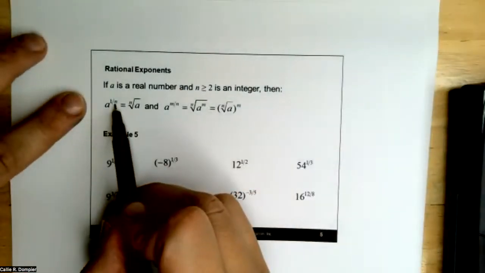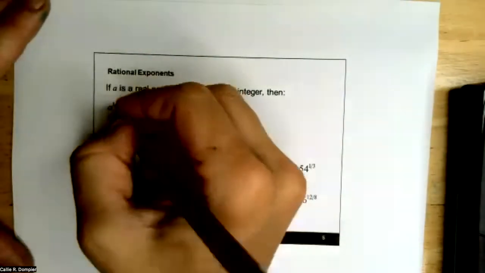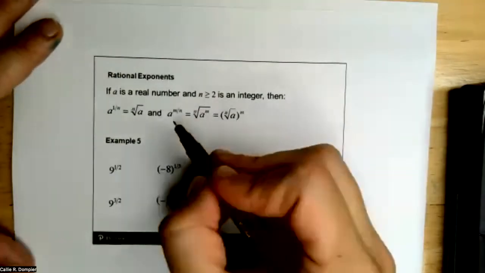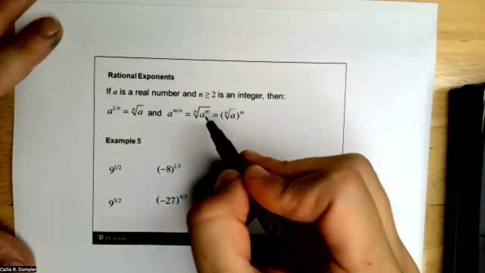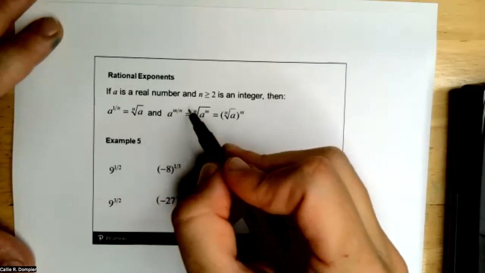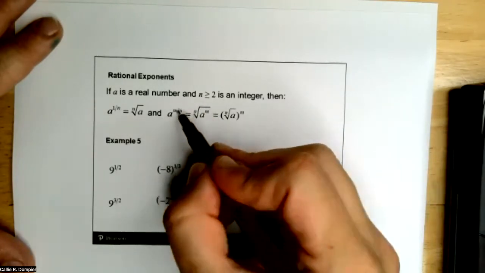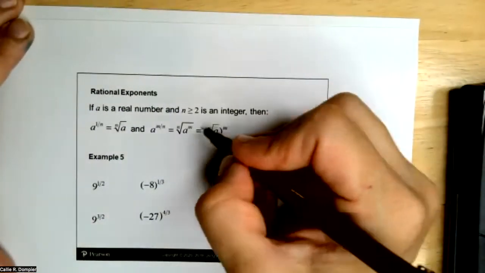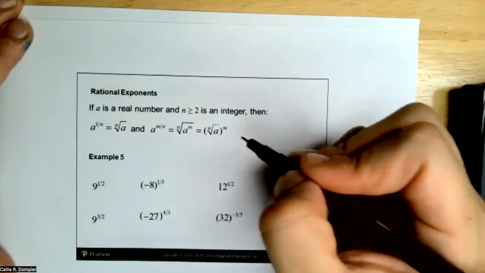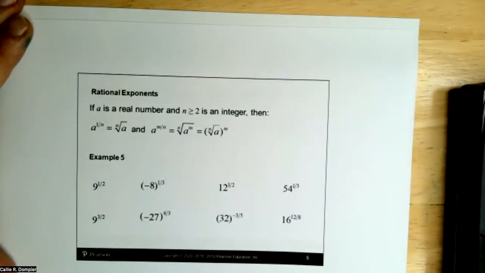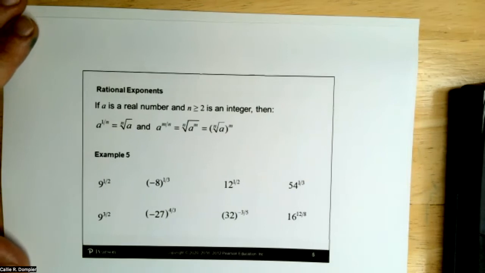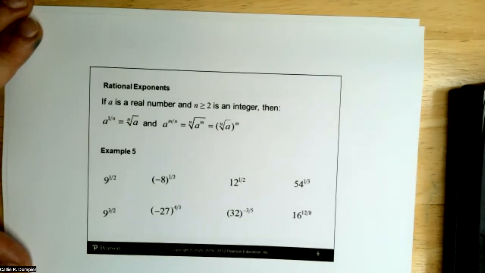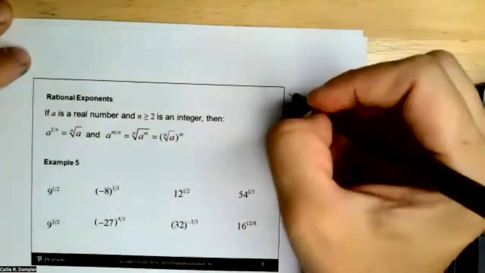All right, a to the 1 over n is the same as the nth root of a. If a is to the power of m over n, then that top number becomes your exponent, that bottom number becomes your index. And you can put that exponent outside of the entire thing if you want. Good. So the top number is the exponent, the bottom number is the root.